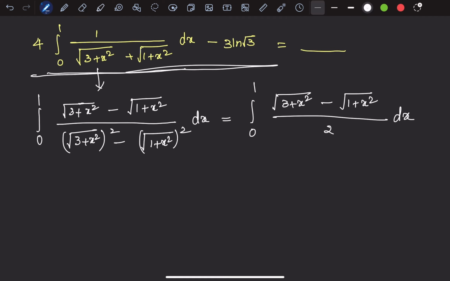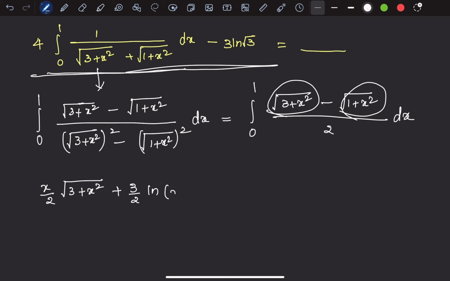Alright. So now we know the value of this particular integral. It is simply integral root over a square plus x square, and we also know the value of this particular integral. So the first integral will be x by 2 into root of a square plus x square plus a square by 2 multiplied by ln x plus root of a square plus x square.